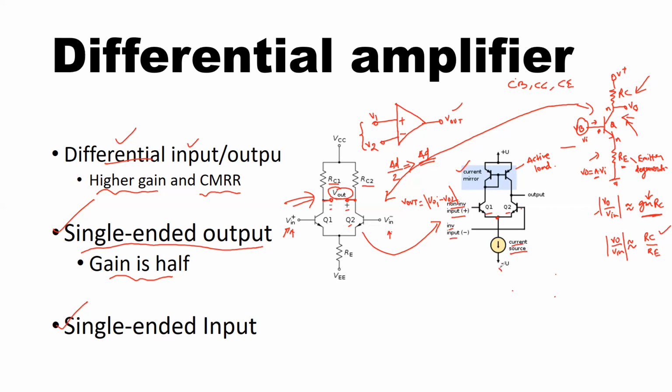One end is connected to the emitter pin and the other is connected to the negative supply, let's say minus VEE. Okay, and this is plus VDD or plus VCC. And then you can still have a single-ended output. However, the gain will be maintained as if you are using the differential output. So gain will be AD.